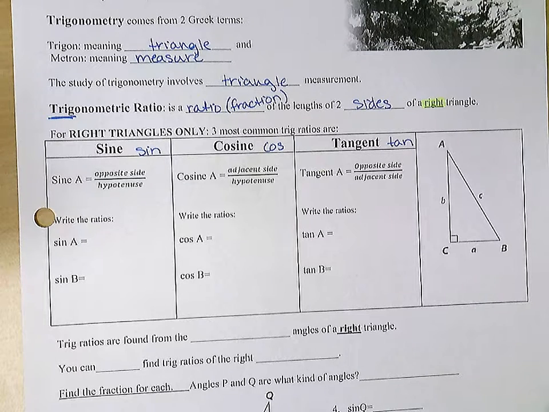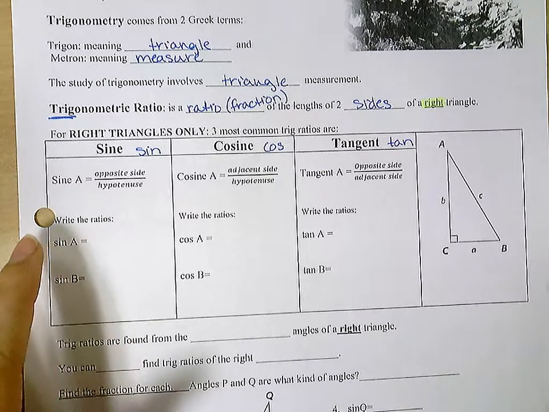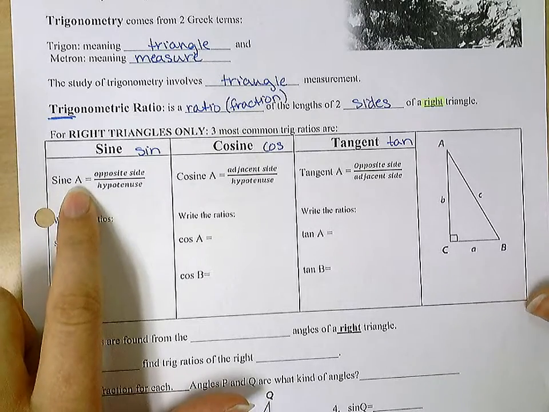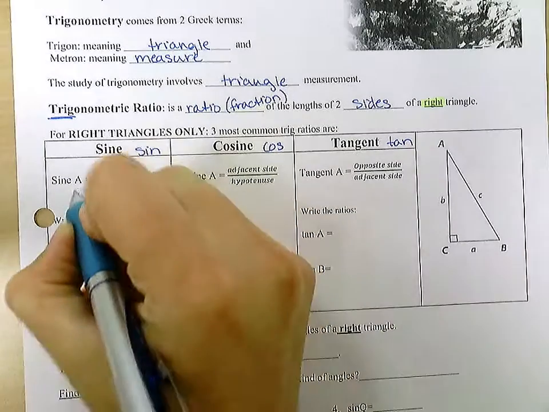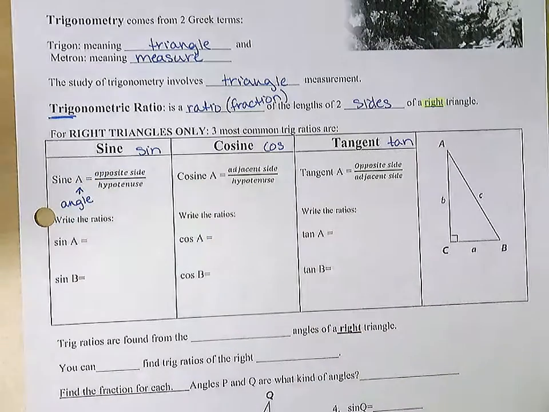Let's focus on the ratio for each of these. Sine of A, where A is the angle. The capital letter is talking about an angle; you always have an angle attached to each of these trig functions.